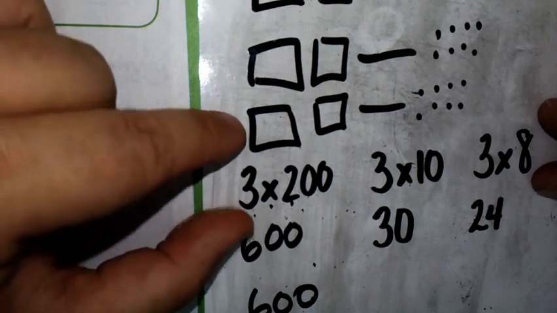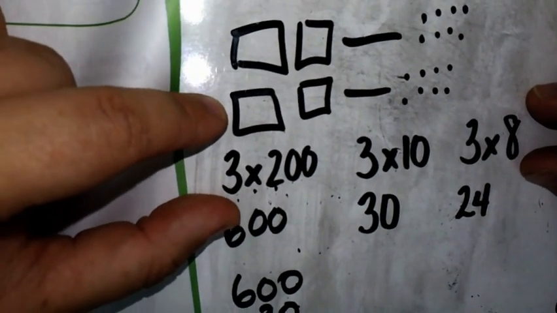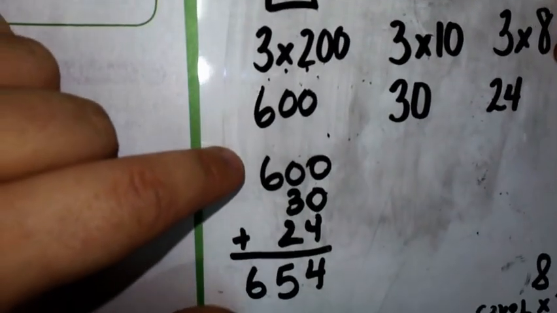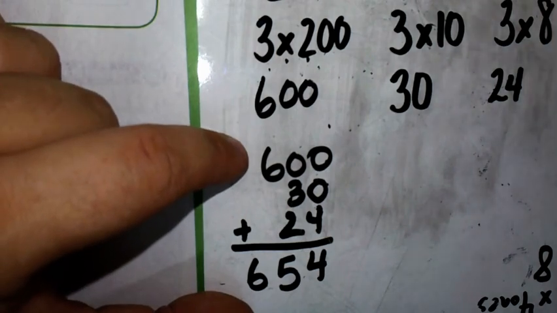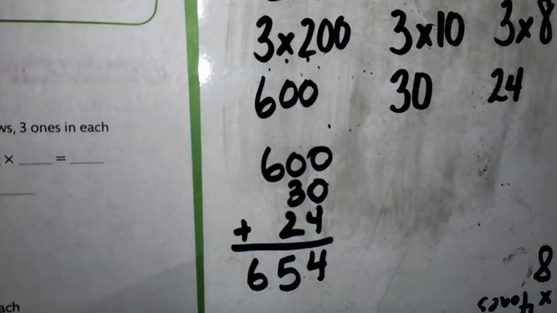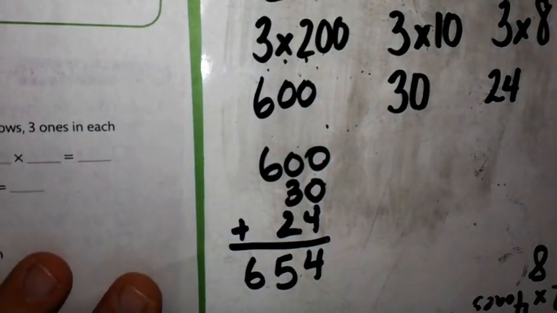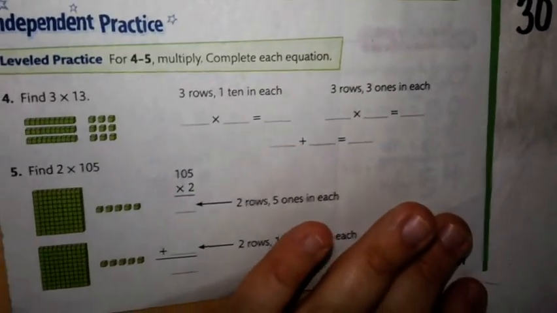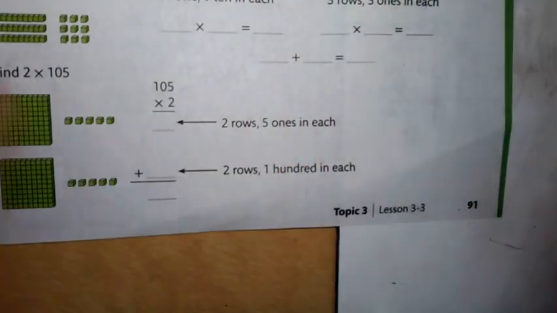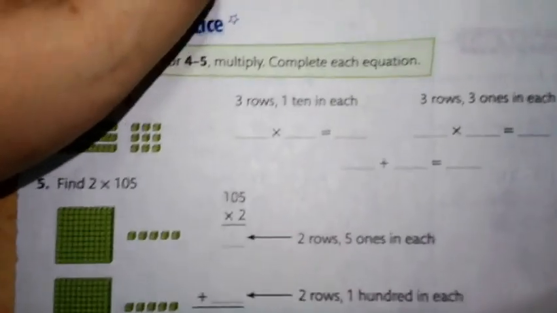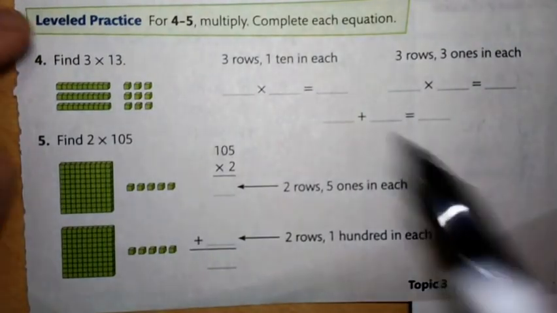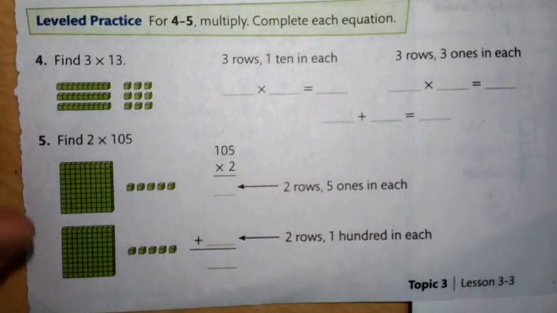It's a lot of steps, but we can draw our array to actually see what we're multiplying. We can use our partial products to break it down into smaller numbers that are easier, and then I can add those numbers together at the end to find my final answer. And if you take a look at your independent practice for today, which I'll bring over here so we can check that out real quick, it's actually going to ask you to do some of these same things. They're showing you the array, so you don't actually have to draw them.